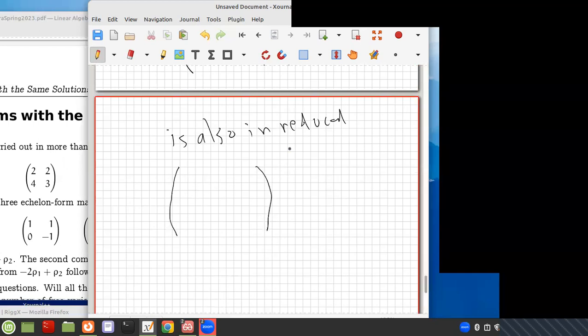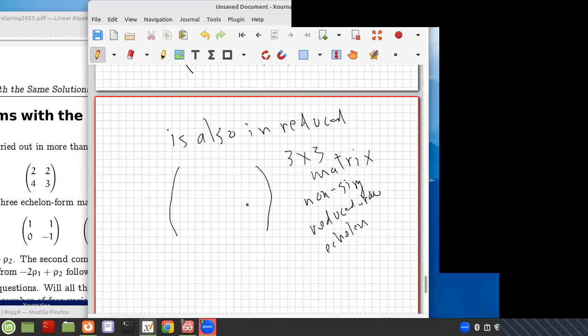Now, this is going to be a 3 by 3 matrix. Here's a question. Let's say that this matrix is non-singular and in reduced row echelon form.